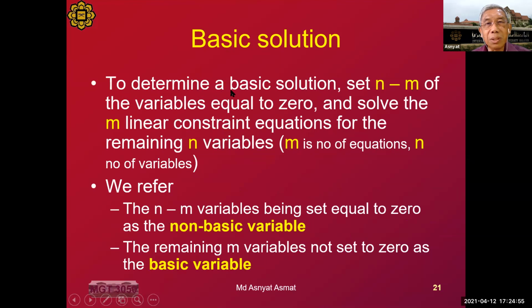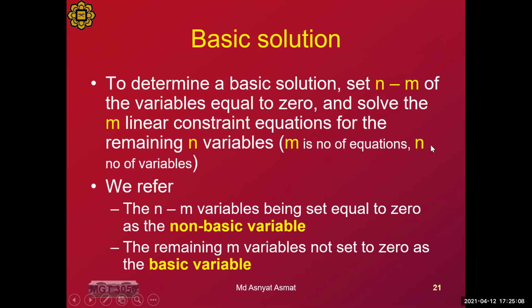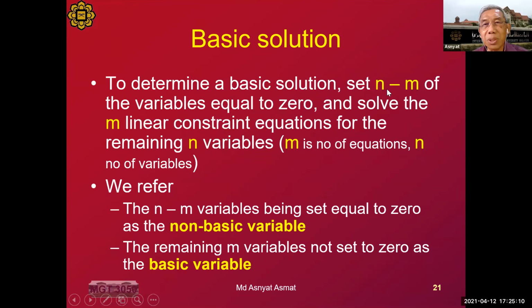To determine a basic solution, set n minus m of the variables equal to 0. What is n? What is m? m is the number of equations, n is the number of variables. We have more variables than equations. So we are going to set n minus m variables equal to 0.